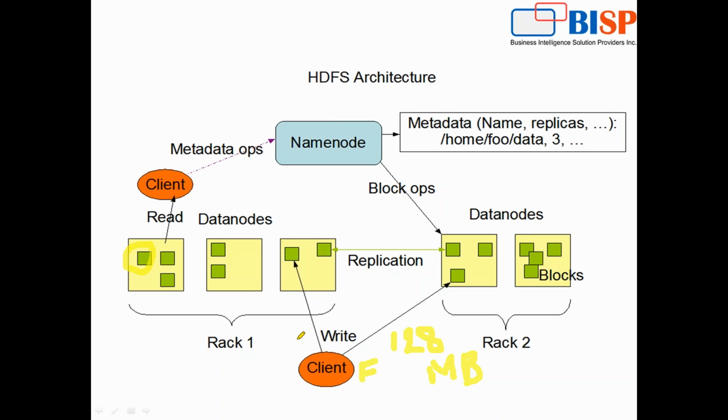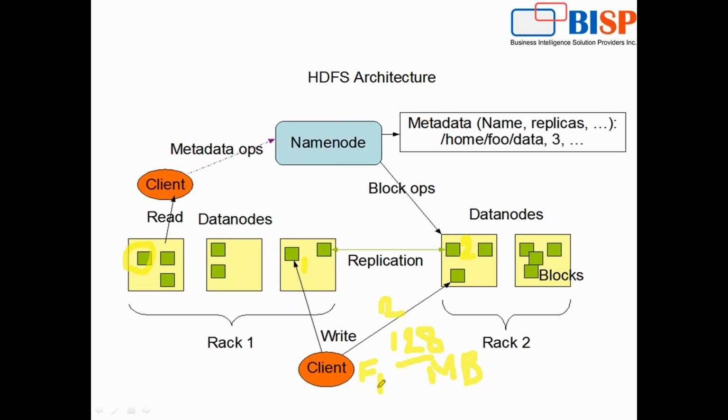So I have a file with 128 MB of data and I want it written into HDFS. This 128 MB is split into multiples of 64 MB, so I get two blocks. One block will be written somewhere here and another block somewhere here.